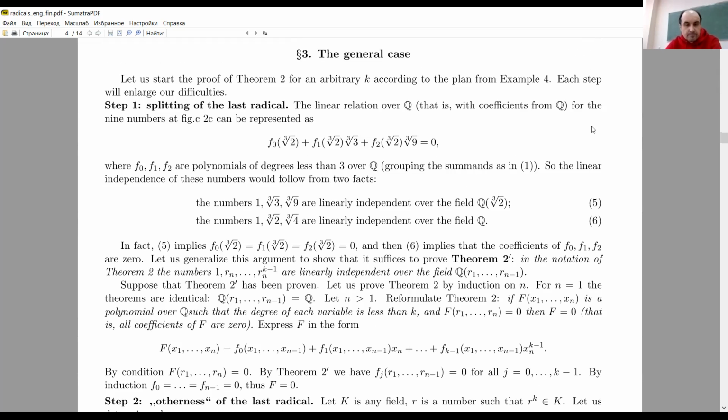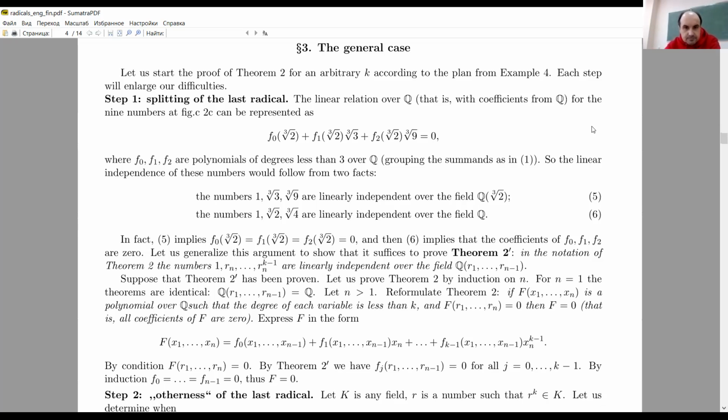Okay, thank you. The first step is splitting of the last radical. We reduce theorem 2 to the linear independence of powers of the last radical. So we will prove theorem 2 prime. You see, bold, theorem 2 prime.